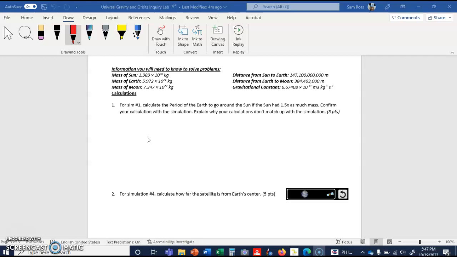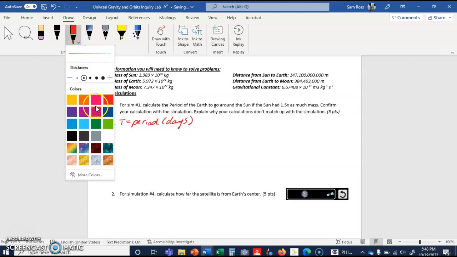Okay, so the first thing we need to do is find T, which equals period. And we're going to find period in terms of days. This is what we want.